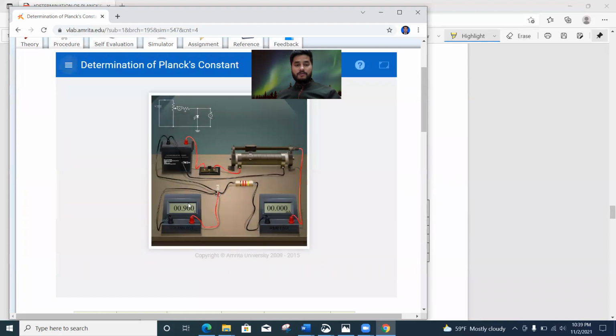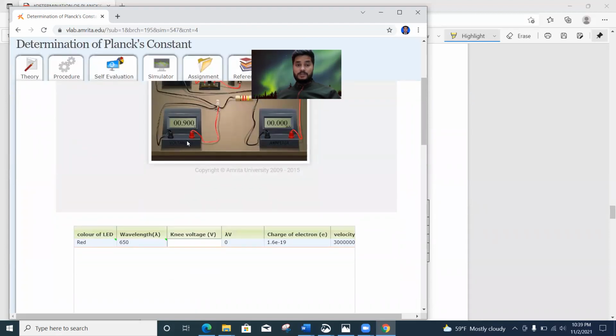For the knee voltage, we choose the value from here, 0.9. So we write here 0.9. This is our knee voltage.